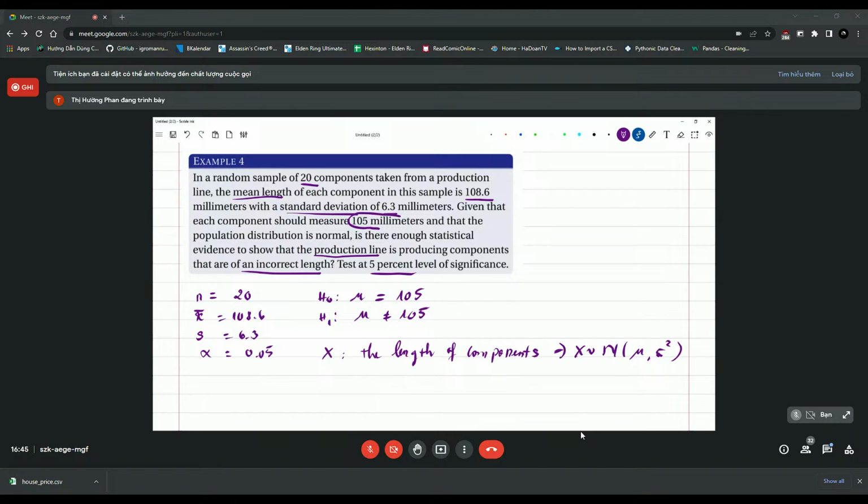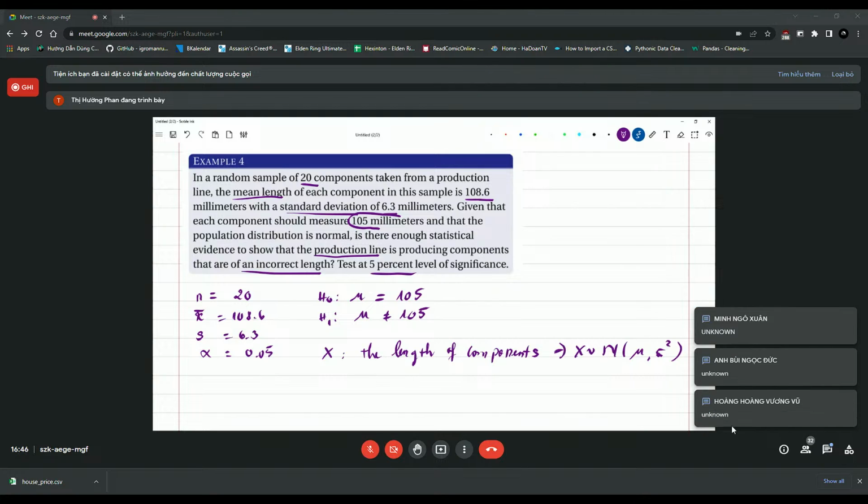In this case, we are already given a very important assumption, that's normality. Now, should we have the case of known variance or unknown variance? Anyone? Known or unknown variance. Anyone else? Very good. Unknown variance. Because in this case, we're not given any information about sigma square.